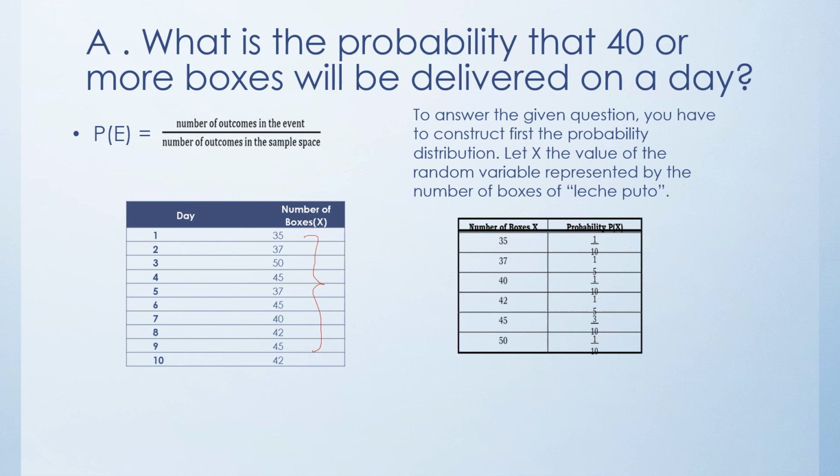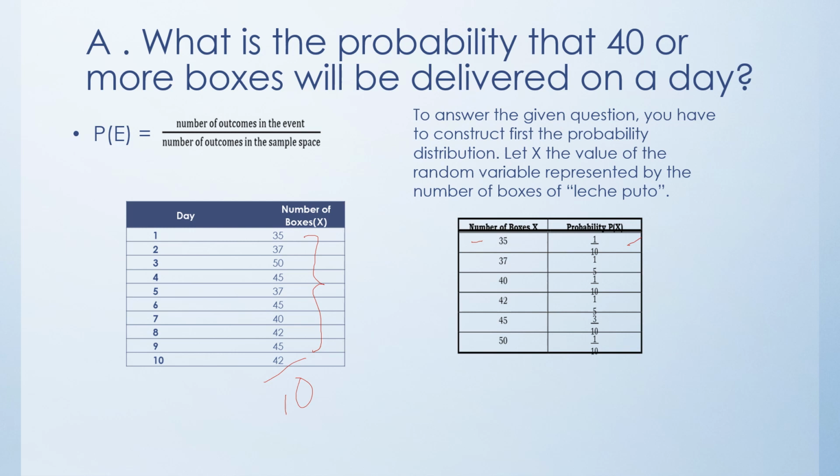Getting the data from this one, starting from 35 and counting how many 35 given from the number of tables. We only have 1, a total of 10 outcomes. So the probability of getting a number of boxes that is 35 is 1 over 10. 37.